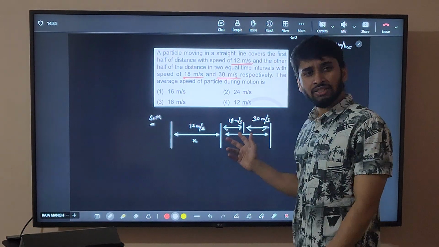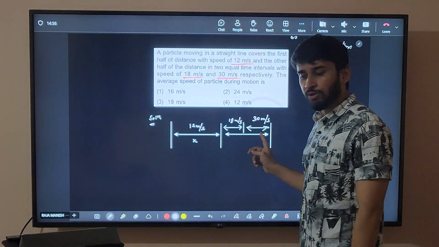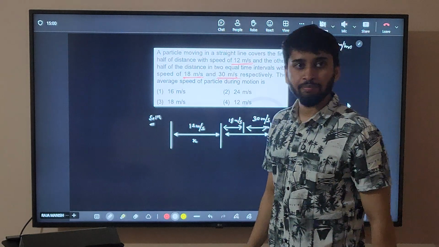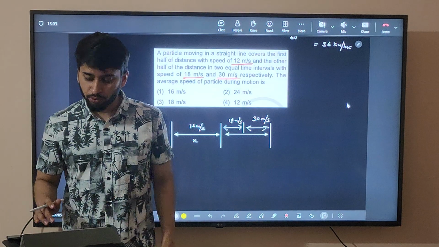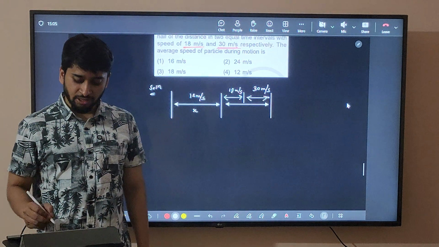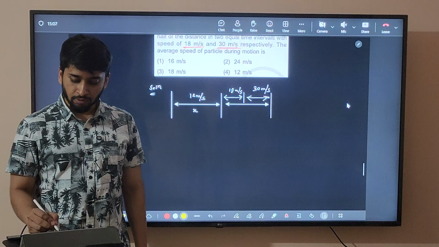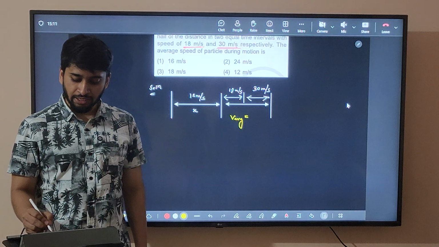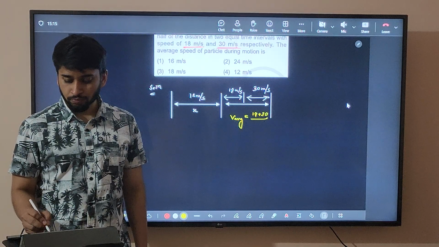Now let us see how to get the answer here. So first we will find the average for this part, then the average for the complete part. So that's the way to do this one, right? So see, the average for this part will become (V1 plus V2) by 2, which is (18 plus 30) by 2, right?